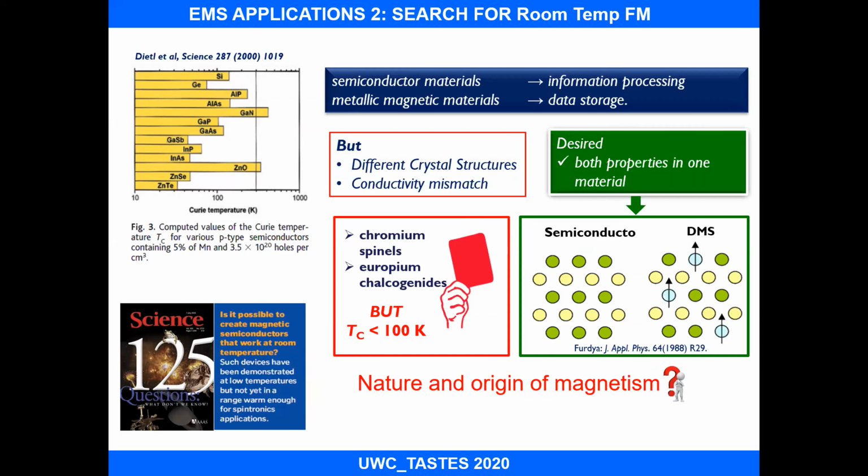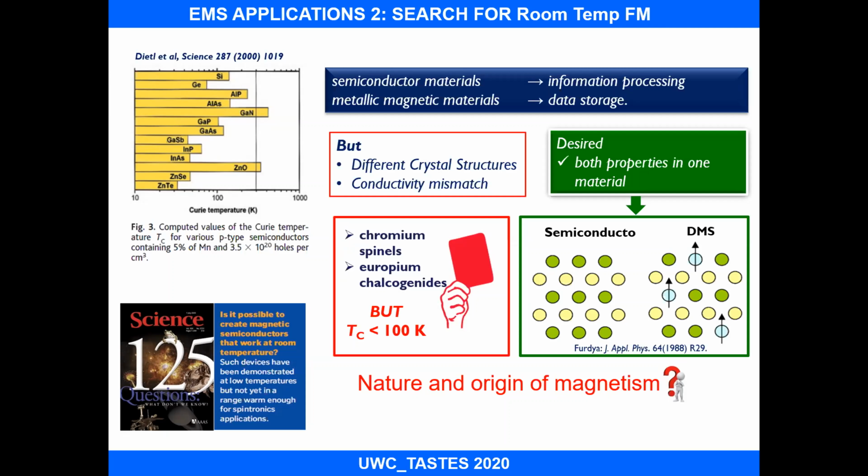And I think Carl had a slide showing how the attempt to look for room temperature ferromagnetism in a whole range of substrates following implantation of 5% transition metal just bloomed after the publication of this paper.